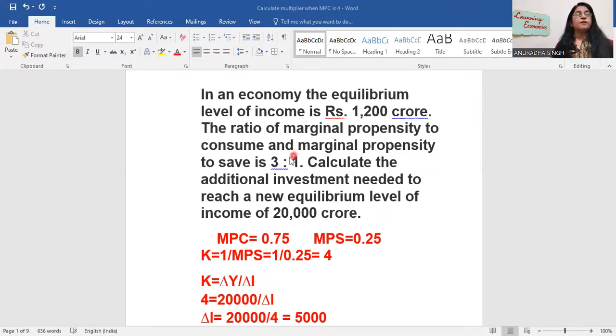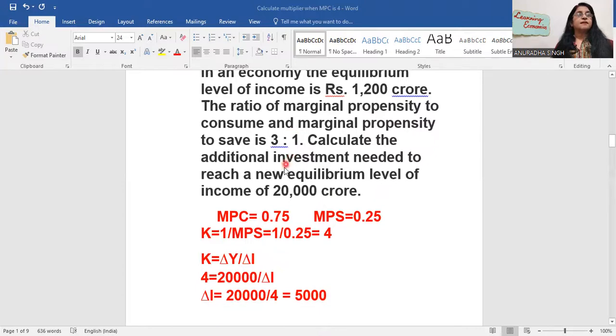And you already know that K is equal to 1 upon MPS. That means K is equal to 1 upon 0.25, which is equal to 4. And you already know that K, the value of multiplier, is delta Y upon delta I. So delta Y we are assuming should be 20,000 crores because we want the income of 20,000 crores.